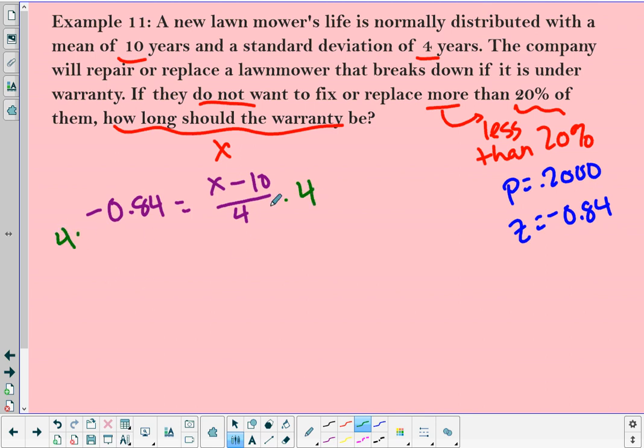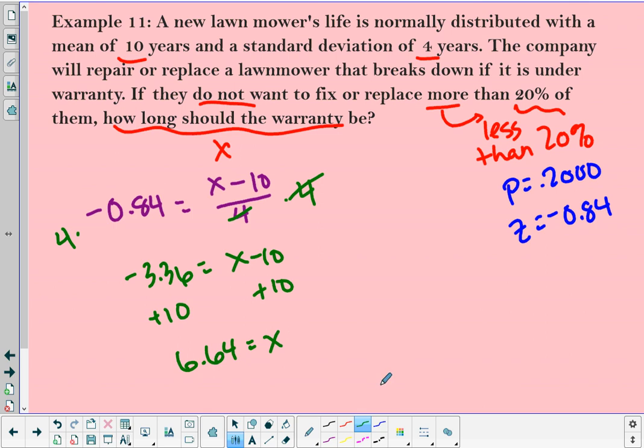So 4 multiplied on both sides. 4 times negative 0.84 is negative 3.36 equals x minus 10. Add your 10. You get 6.64 is equal to x. So they don't want to repair anything that breaks down in the first 6.64 years.